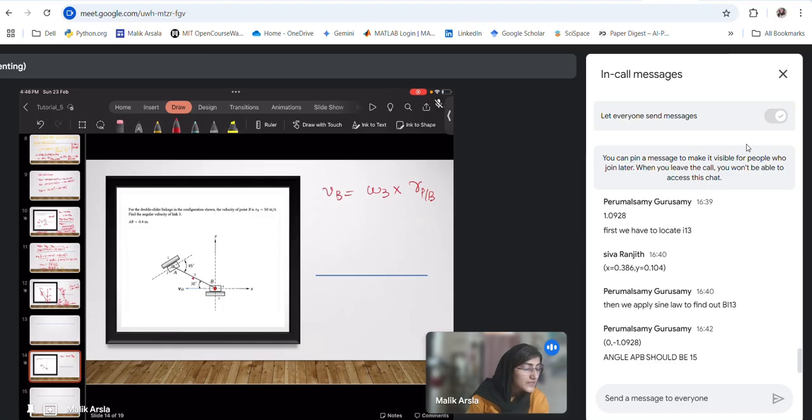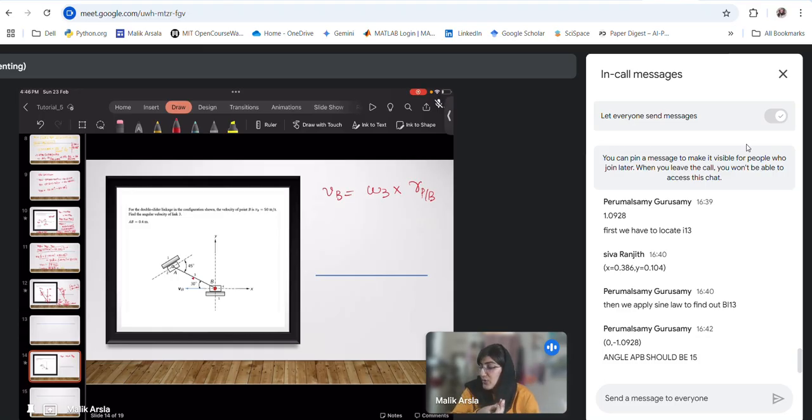So it should be omega 3 into RPB. Now VB is given to you, so you can write it as 50 I cap or minus 50 I cap, and omega 3 is in K cap. Now RPB you need to figure out.